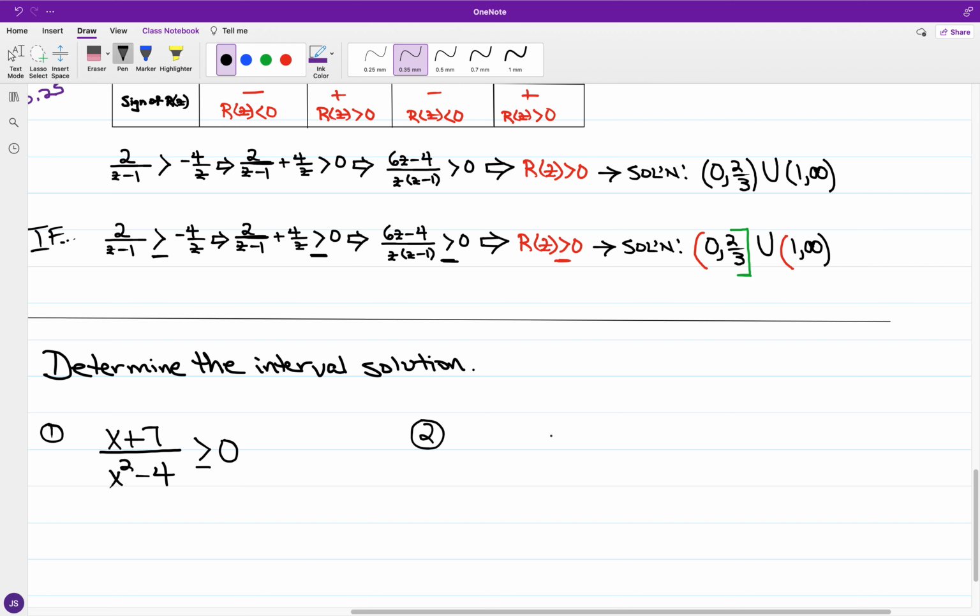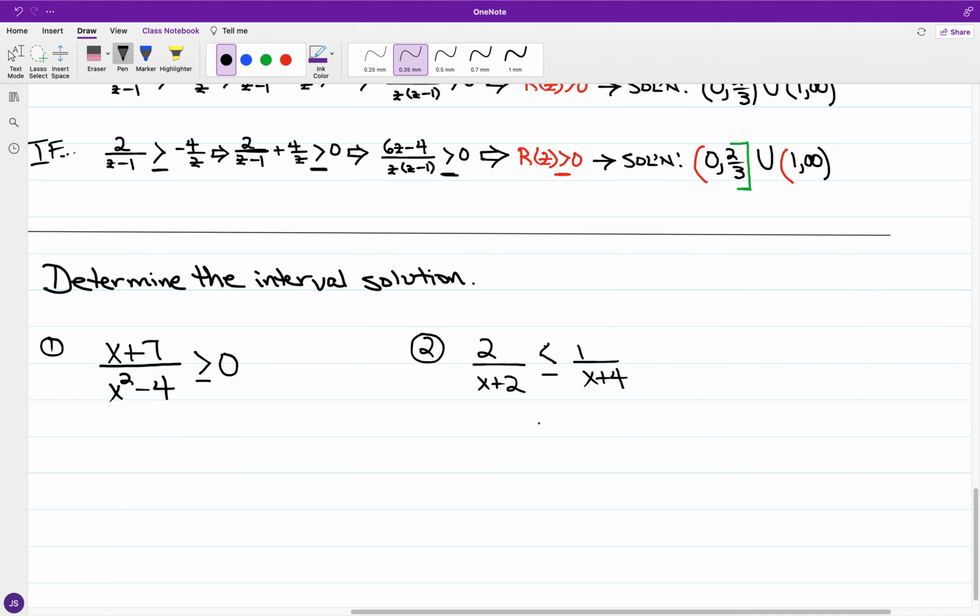If I have, say, that we have 2 over x plus 2 is less than or equal to 1 over x plus 4, and if I were to rewrite this once again as a comparison to 0 inequality, okay, so we have 2 over x plus 2 minus 1 over x plus 4 is less than or equal to 0.